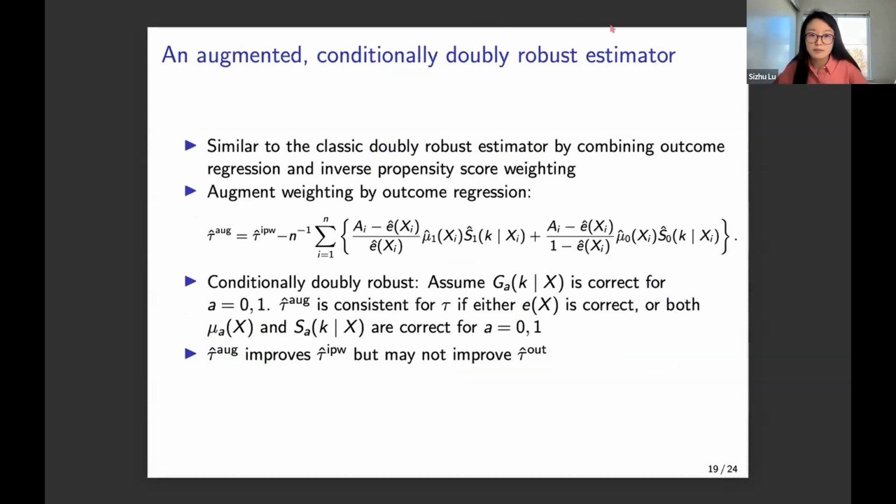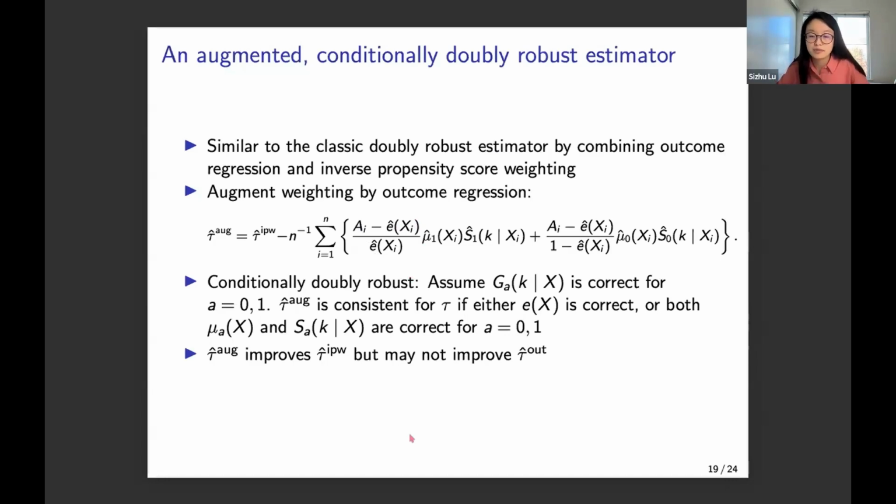This motivates us to think about an augmented conditionally doubly robust estimator. This is very similar to the classical doubly robust estimator idea, combining the outcome regression and the inverse probability weighting estimators. We just augment the weighting by another outcome regression, and we can show this estimator is conditionally doubly robust.